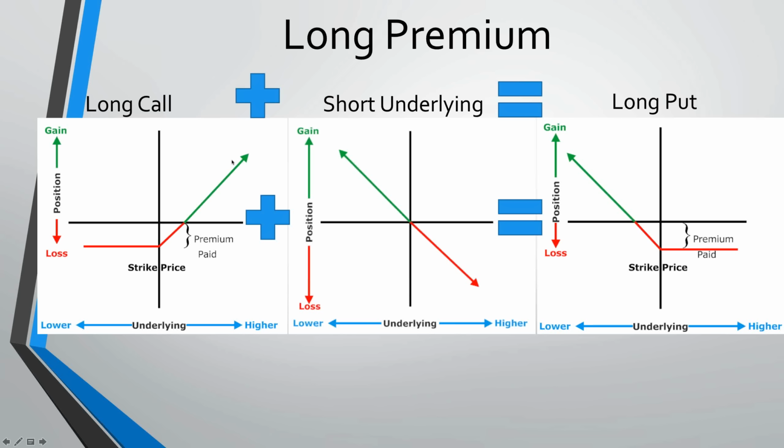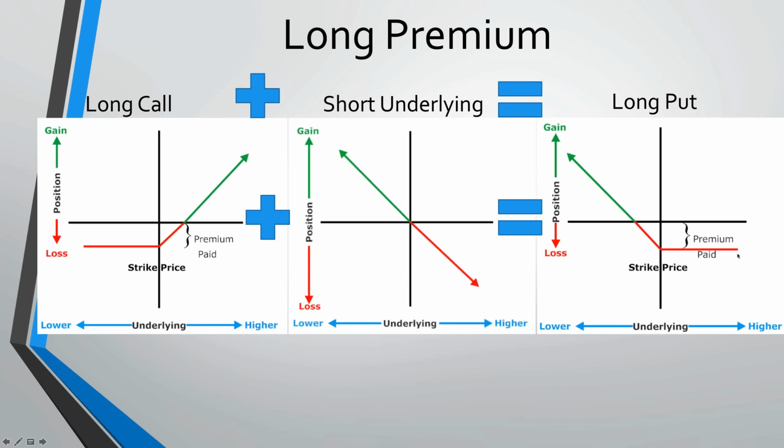Well, if we look at our risk graph, if I take this upward sloping part, this 45-degree angle of the long call, and I add it to this downward sloping short underlying part, they actually cancel each other out. And this flat area does not change anything but shift the gain or loss up and down on this 45-degree sloping short underlying. So essentially, you are left with this part and the other parts cancel out and go flat.